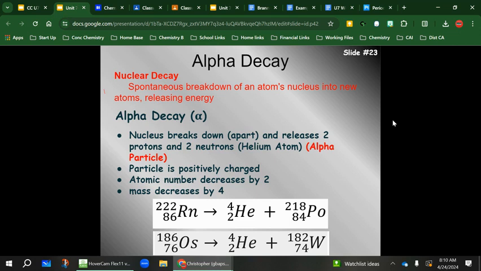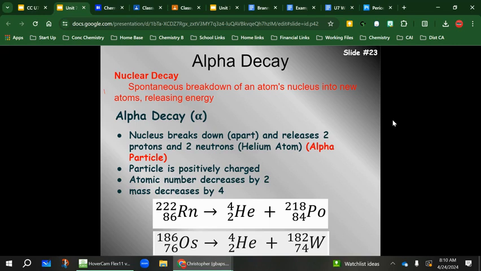Here's your alpha particle. You have 76 protons originally. 2 of them are here. That means 74 are here. What's W on the periodic table, ladies and gentlemen? Tungsten. 186 is the mass number here. 4 of it is here. That means there's 182 left over for here.